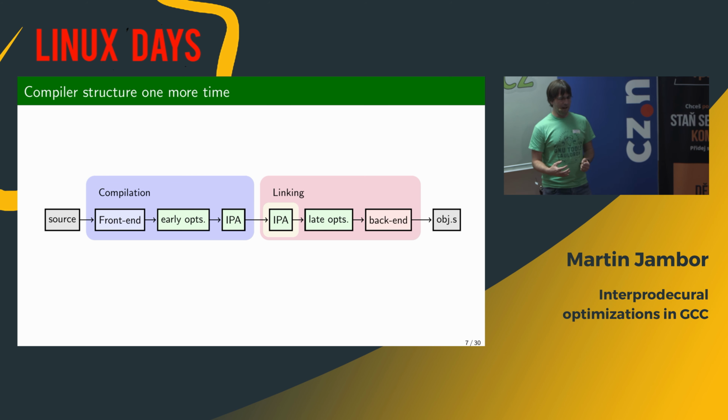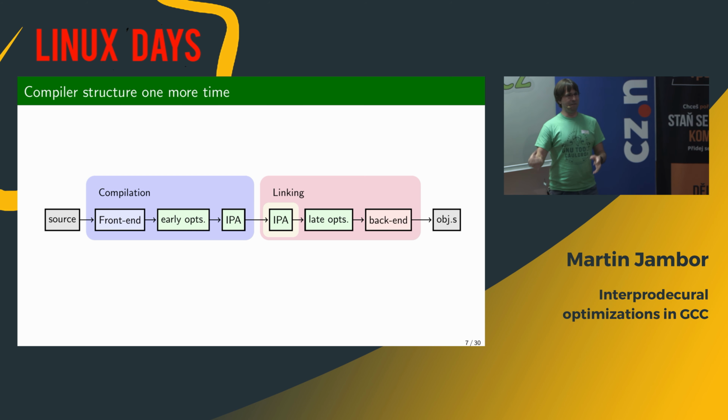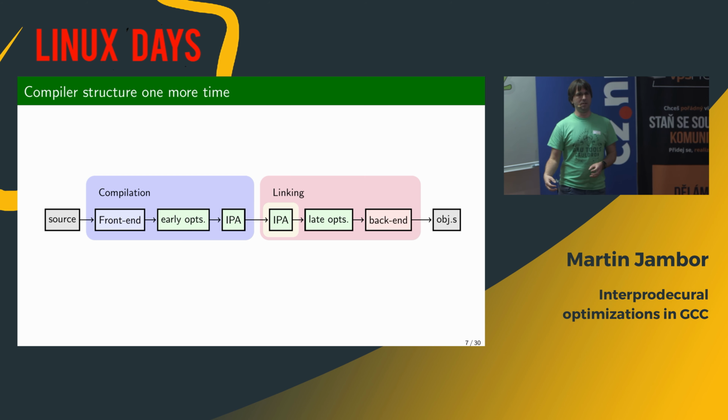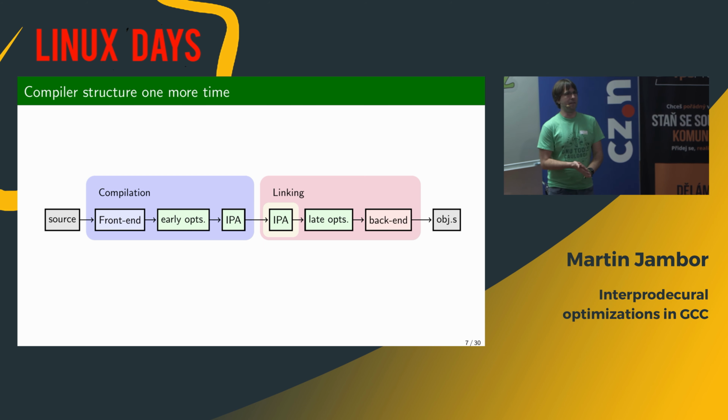And after IPA makes all its decisions, the late optimizations carry out those decisions, do the heavy lifting optimizations like vectorization, all the classical loop optimizations, and so forth. Then the backend takes over, generates the assembly, and you arrive at the assembly file that then goes through the linker.